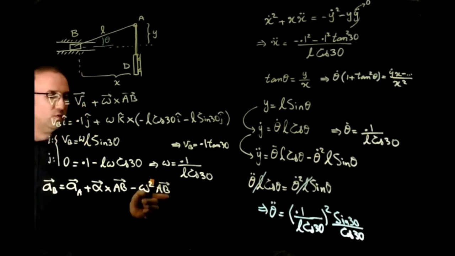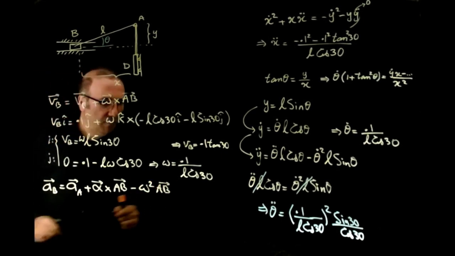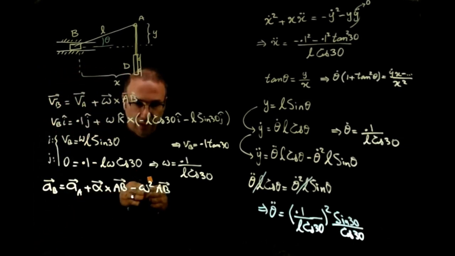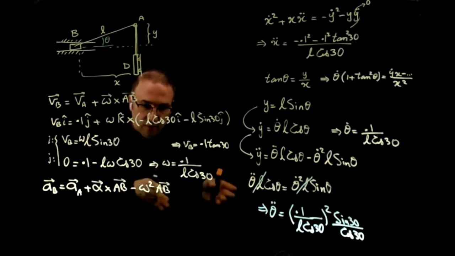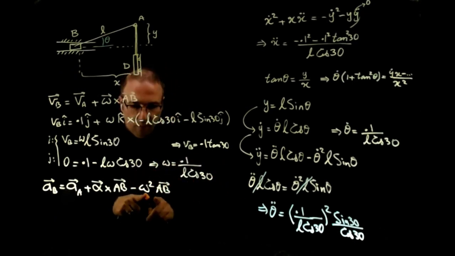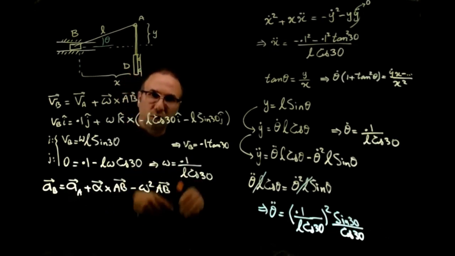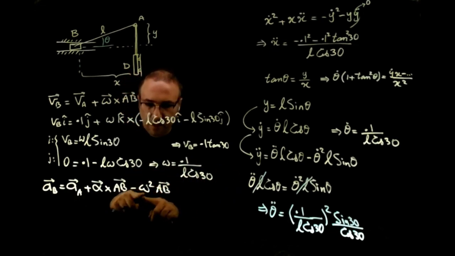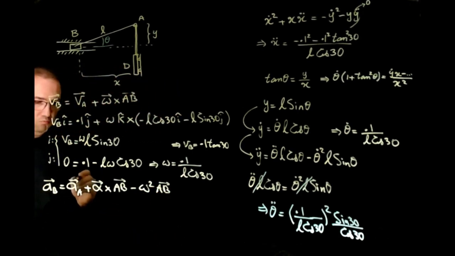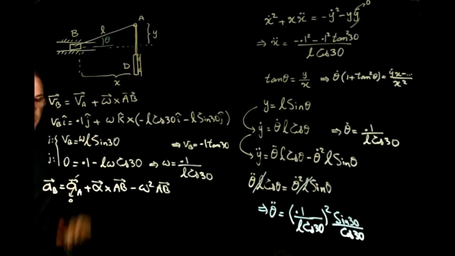Don't forget that this is for the two-dimensional case. In fact, it was omega vector cross parentheses, omega cross AB. But for 2D problems, that omega cross AB becomes negative magnitude of omega square AB. So now this is 0 because we said that this is going with constant speed.